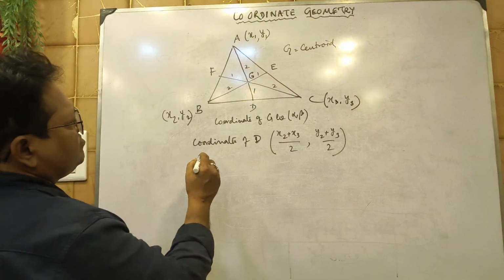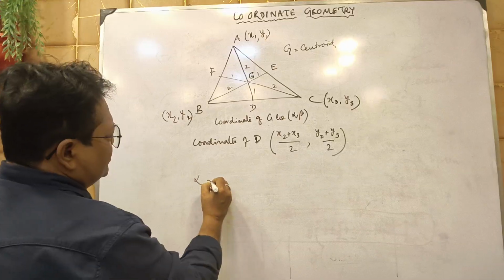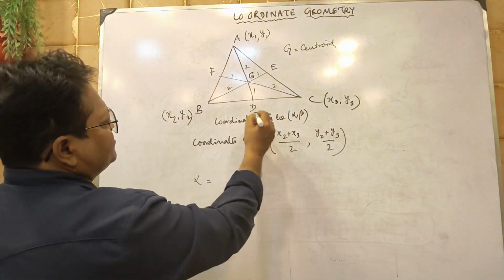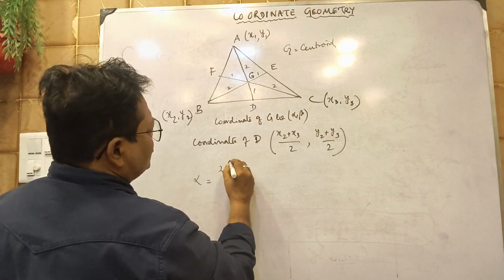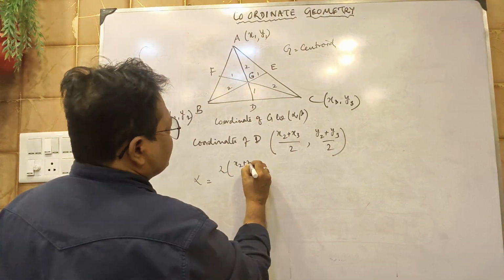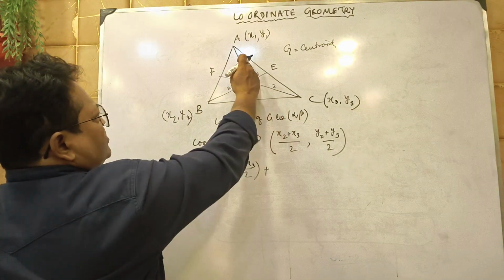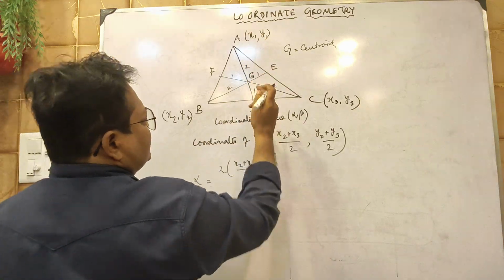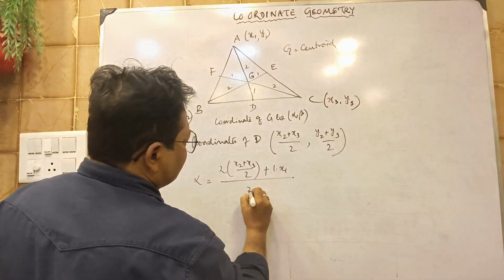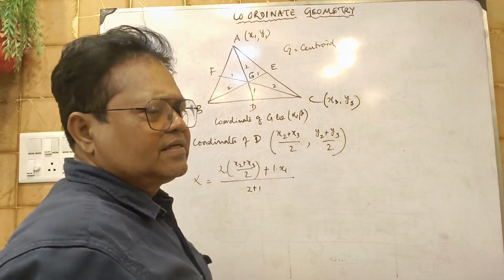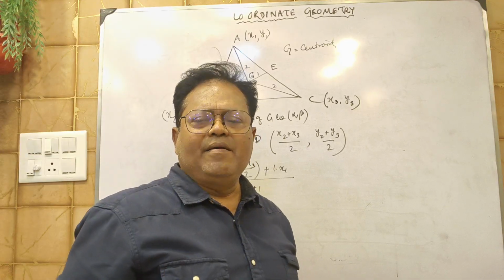So alpha will be 2 into (x2 plus x3) divided by 2, plus 1 into x1, all divided by 2 plus 1, just like m into x2 plus n into x1 by m plus n.